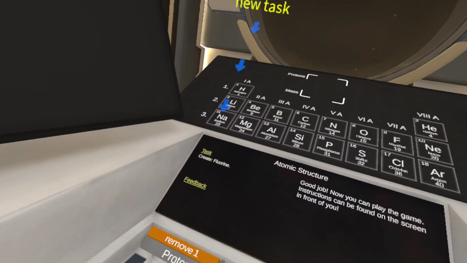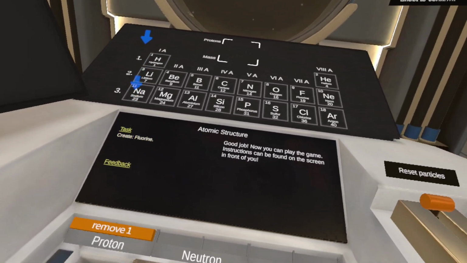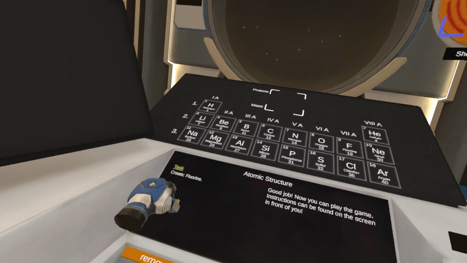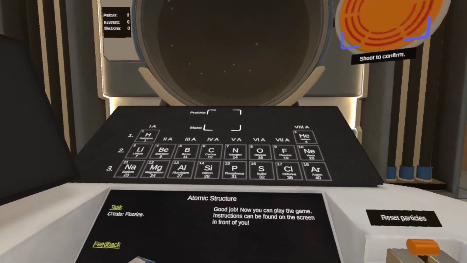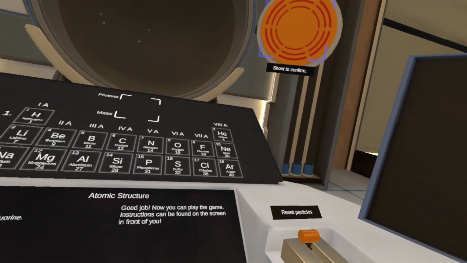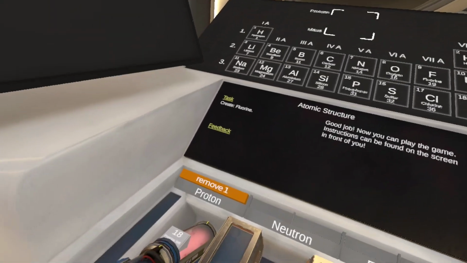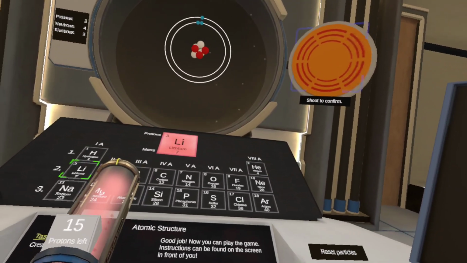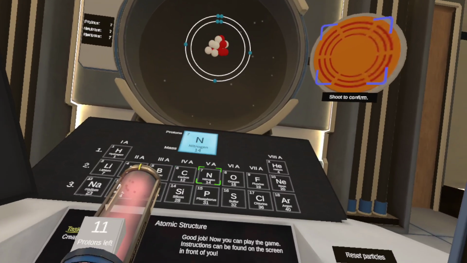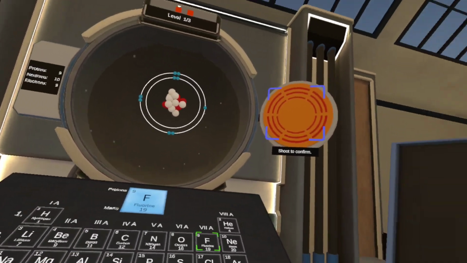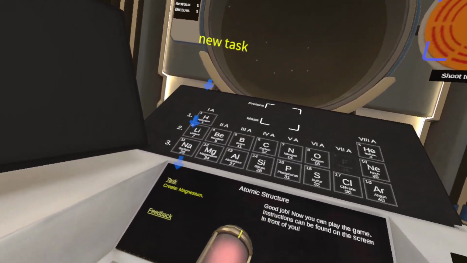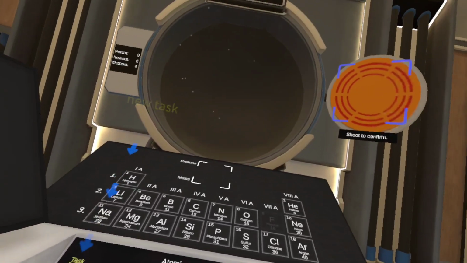Now you can play the game. Instructions can be found on the screen in front of you. Create fluorine. Create magnesium. No protons left to remove.